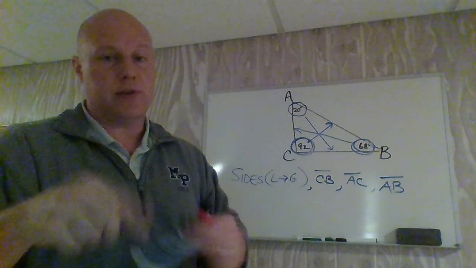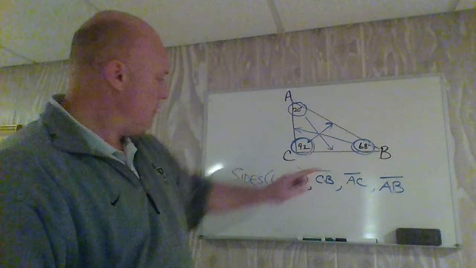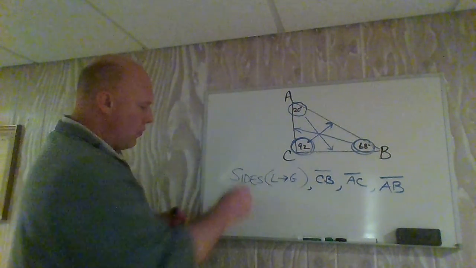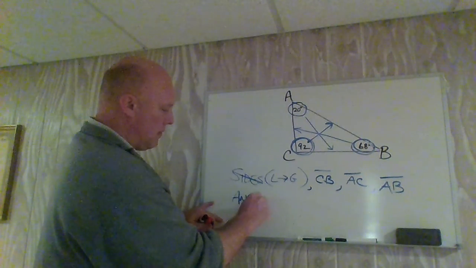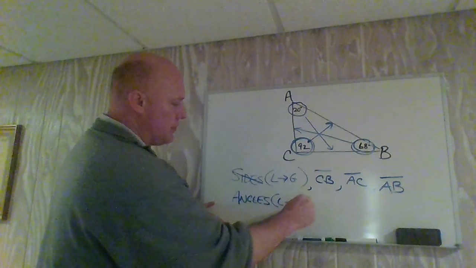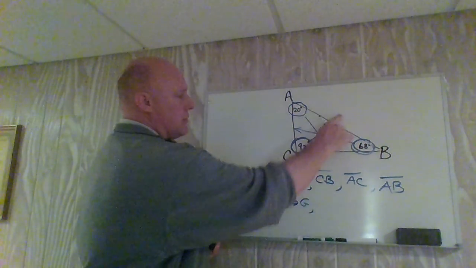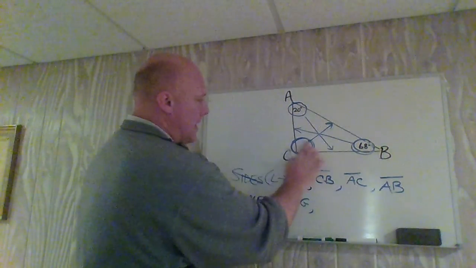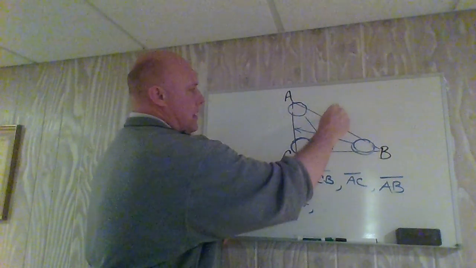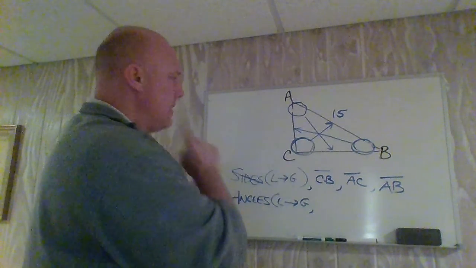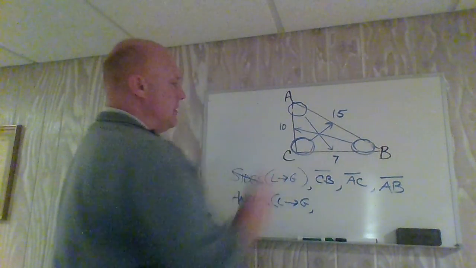Now, we could also reverse this scenario. If I gave you lengths of sides, we could also make this determination with angles, and we could make some assumptions with the angle measures. So if this was not given and this was not given, and I said that was maybe 15 inches, and let's say this was 7, and let's say that was 10.